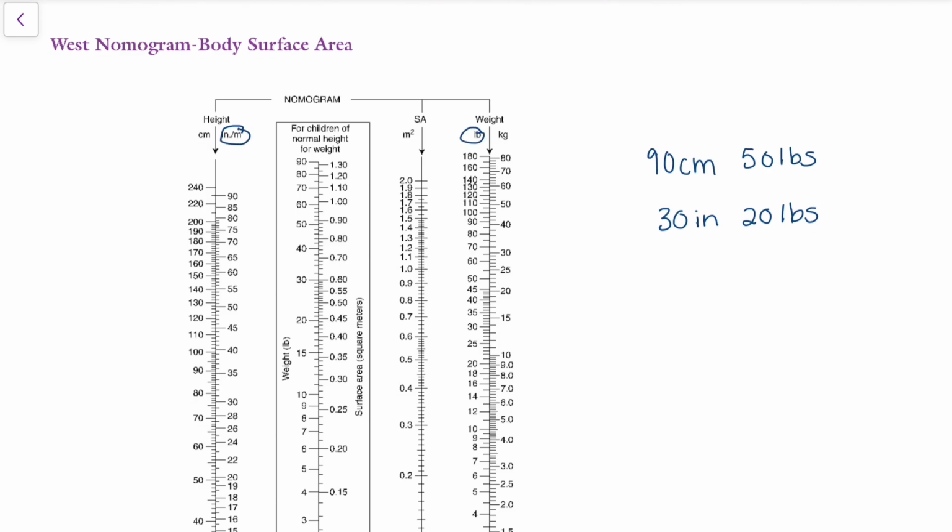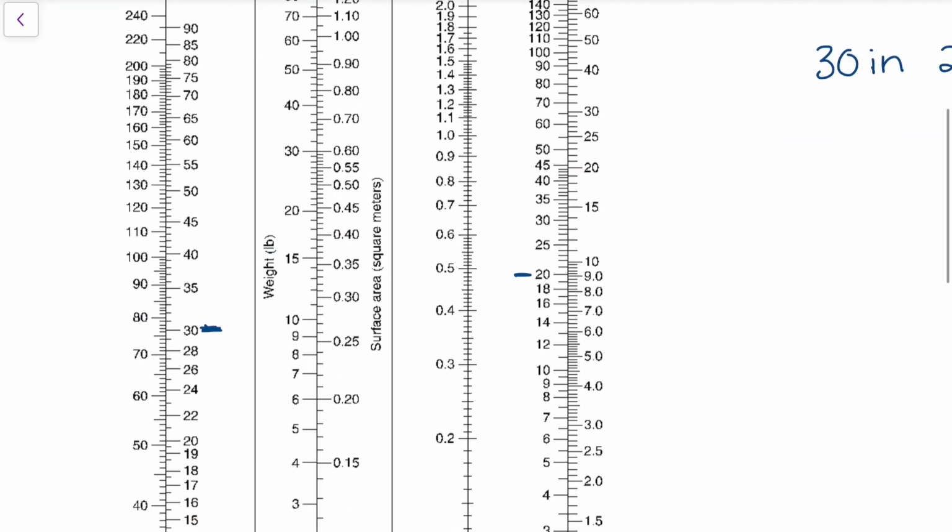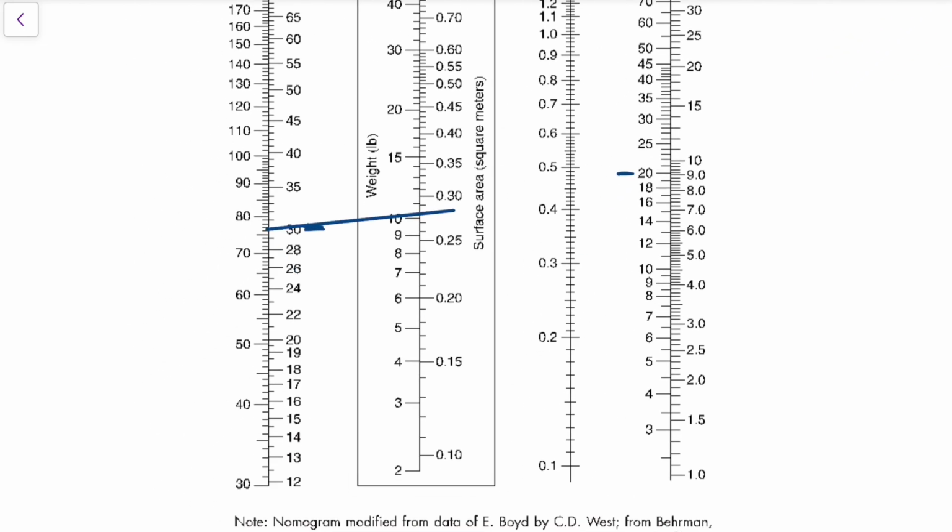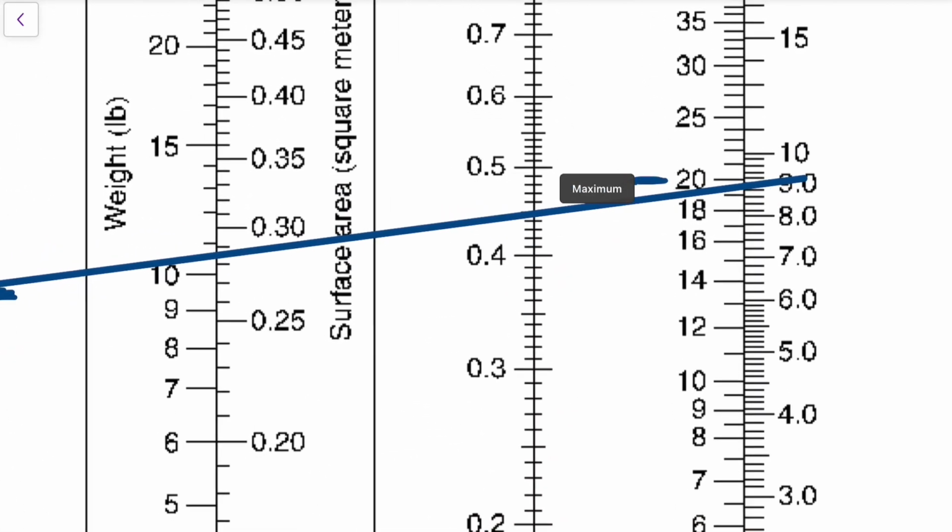I want 30 inches, which is right here, and 20 pounds is right here. So again, let's try and be as accurate as I possibly can between these two. Okay, I'm a little bit low there, but let's take a look.